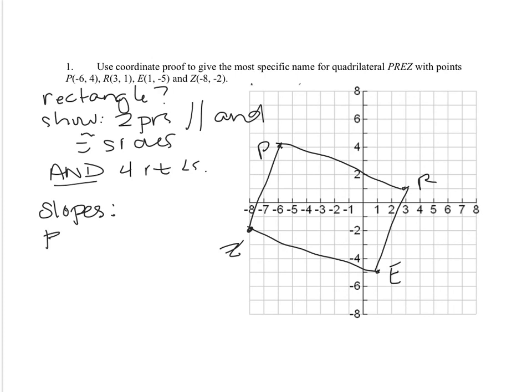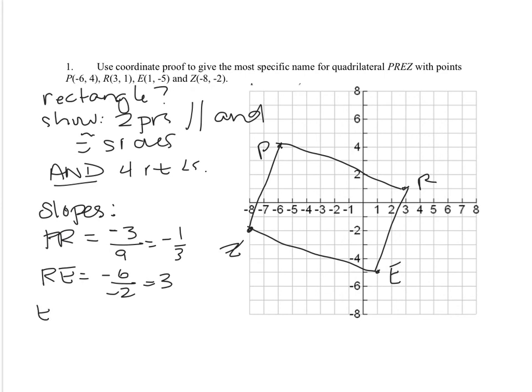And the slope of PR. Okay, well from P to R we go up 3, or no, sorry, down 3. And to the right 9. So the slope of PR is -1/3. The slope of RE, we go down 6 and down 2, so that's a slope of 3.